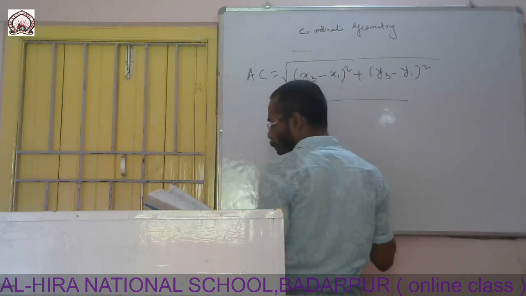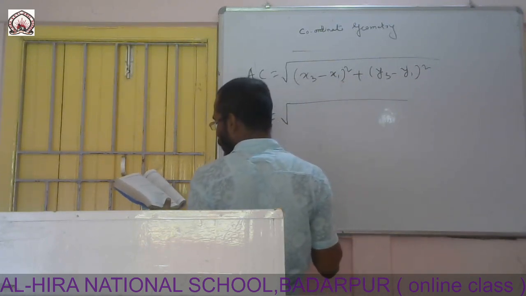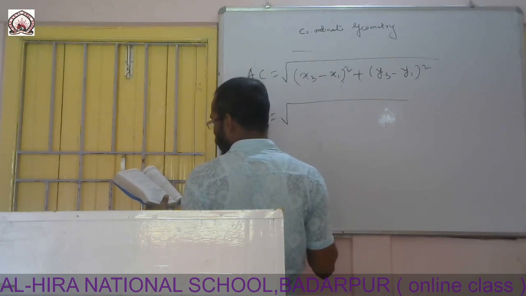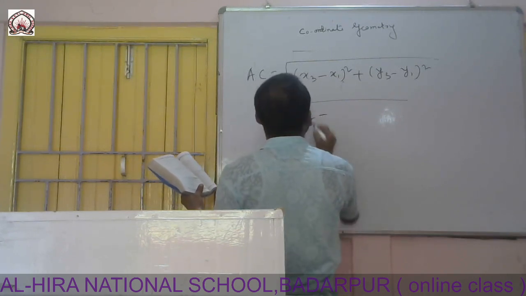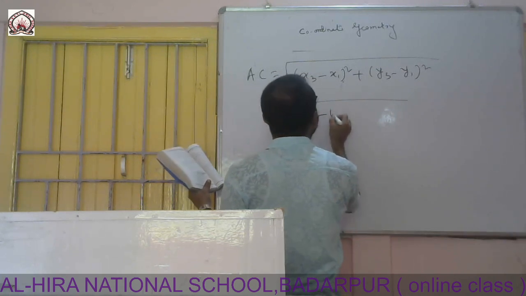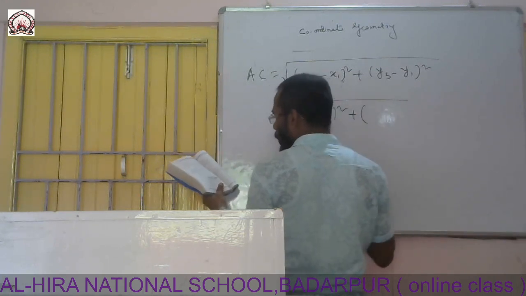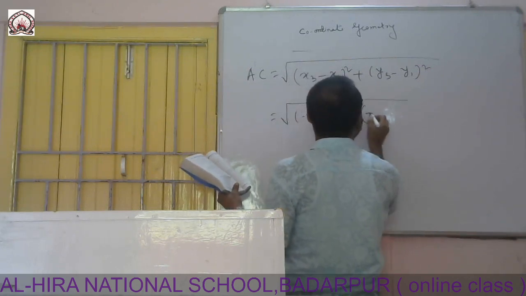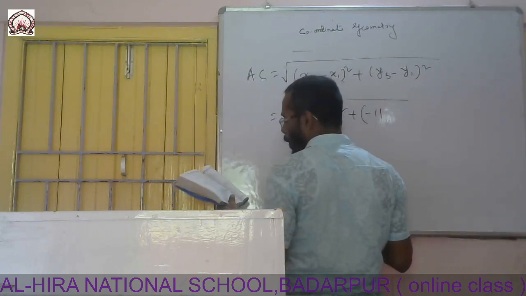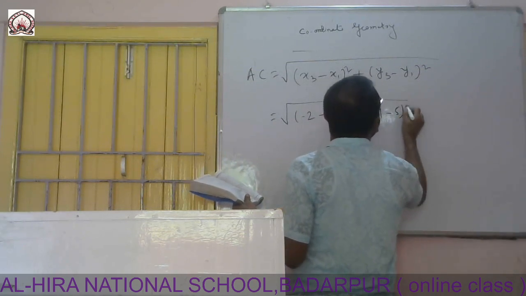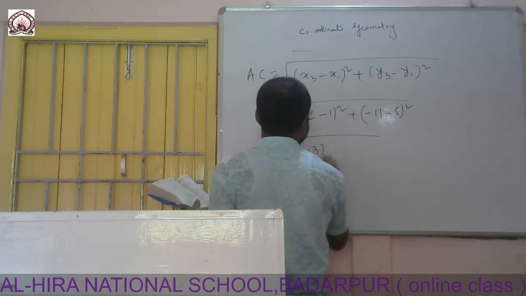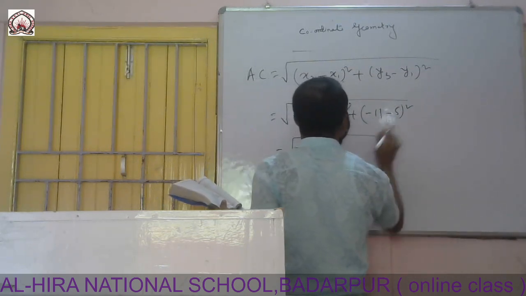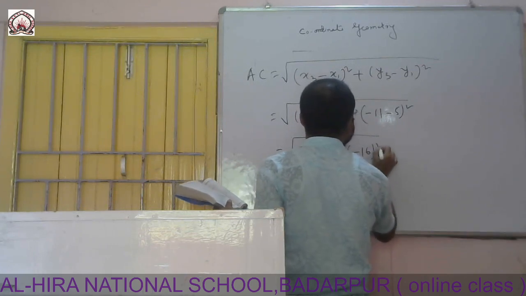So x3 is -2 and x1 is -1, and y3 is -11 and y1 is -5. So -2 minus 1 is -3 whole square, and -11 minus 5 is -16 whole square.